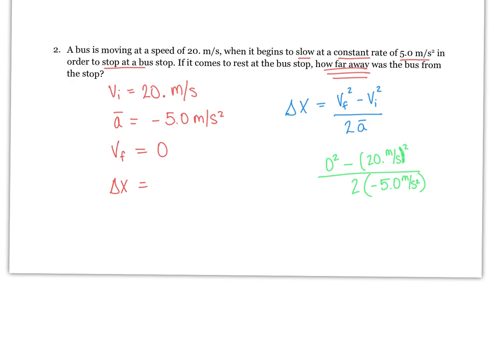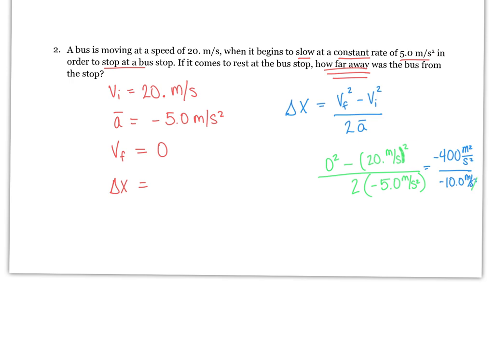So just so you know, when we do this, the top ends up being negative 400. We squared the meters, we squared the seconds. On the bottom, we get negative 10 meters per second squared.